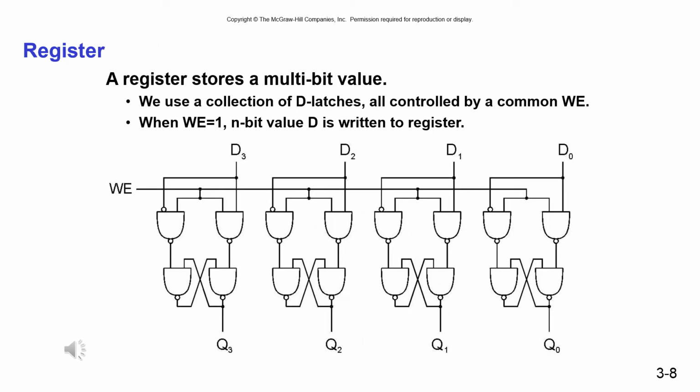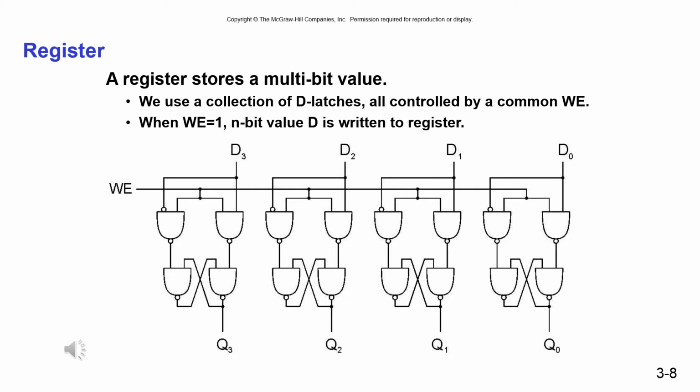So, as I mentioned previously, those instructions, and we've not seen any instructions yet, but those instructions that have the ability to write a value to a register assert a 1 to the write enable circuitry. So here's a register. It's a diagram of a 4-bit register.